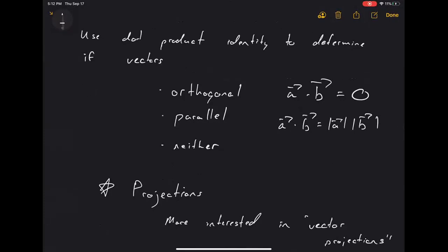And it's going to be neither one if we don't have either of these cases. Also remember, they're parallel and pointing in the same direction if we have this equality. If we have this, they're parallel and pointing in opposite directions.